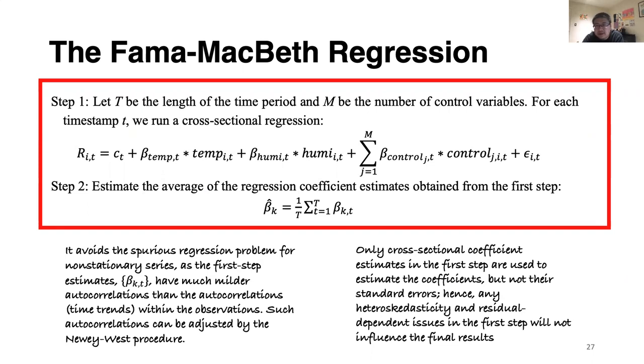In this case, direct time series regression cannot be applied due to the so-called spurious regression problem, which states that the regression may provide misleading statistical evidence of a linear relationship between non-stationary time series variables. So we adopted the Fama-MacBeth methodology with Newey-West adjustment, which consists of a series of cross-sectional regressions. Shown here, it includes two steps.